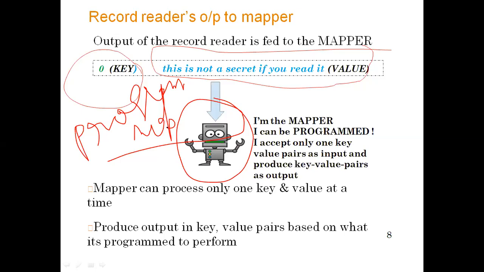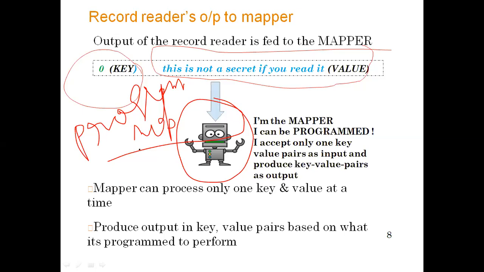It is another component of the built-in map stage of the MapReduce framework, where you have to define the logic depending on the problem. So the logic is defined by the user, depending on the problem statement.